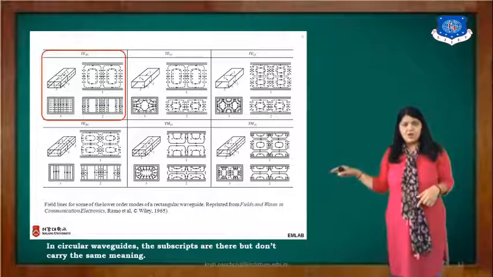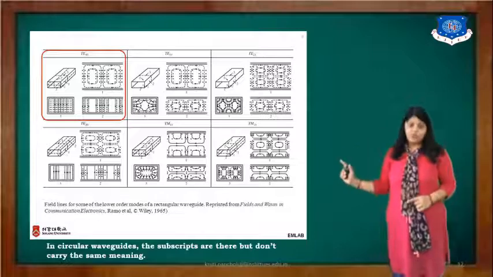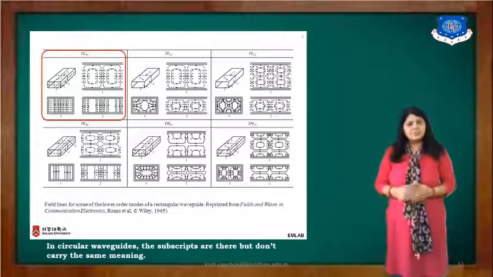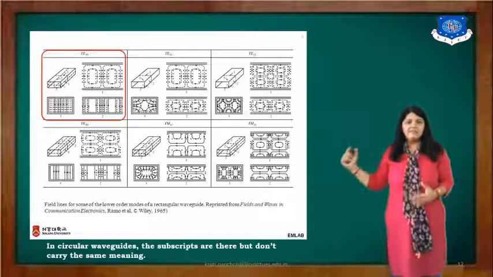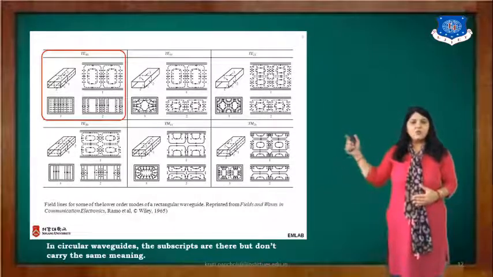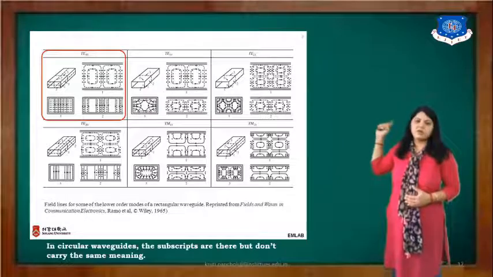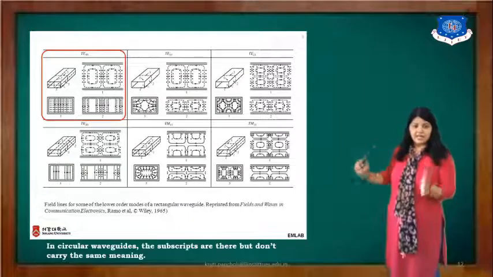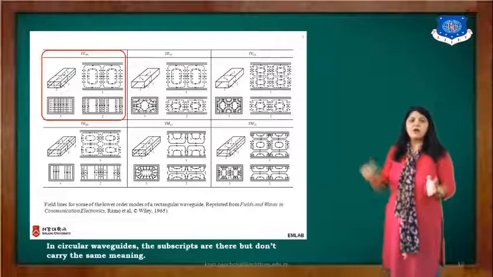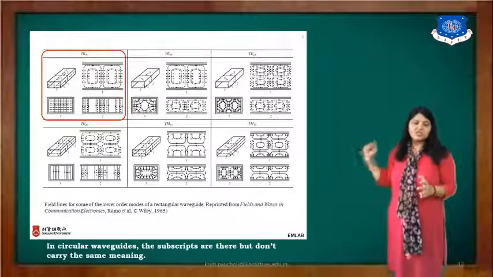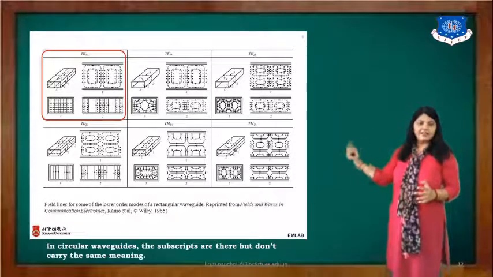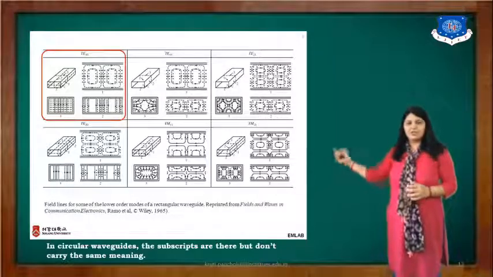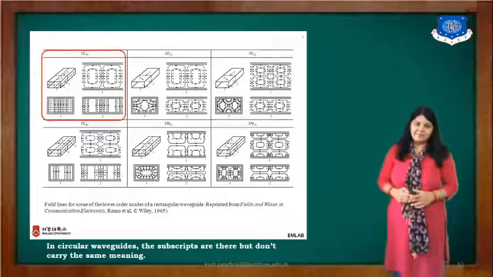Here, in case of the circular waveguide, there is only one dimension, that is D. So you can see how we are getting the variations in terms of the circular waveguide, and how the electric field and the magnetic field move in a loop. You can see this in the diagram.